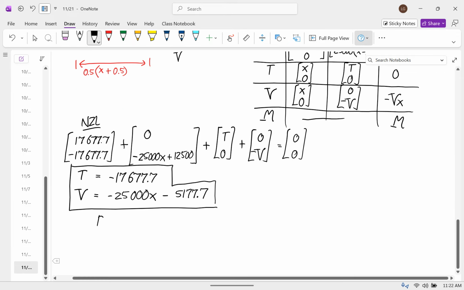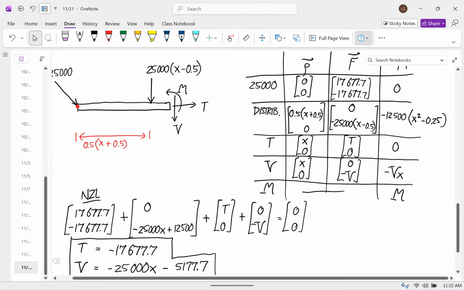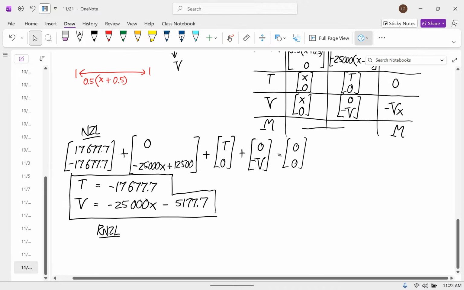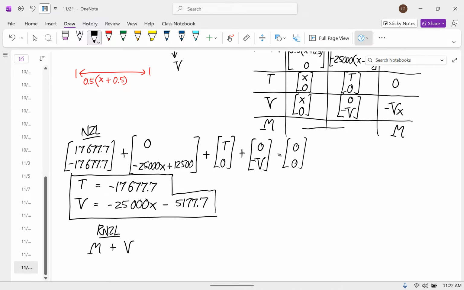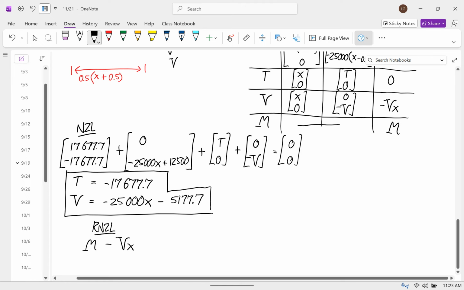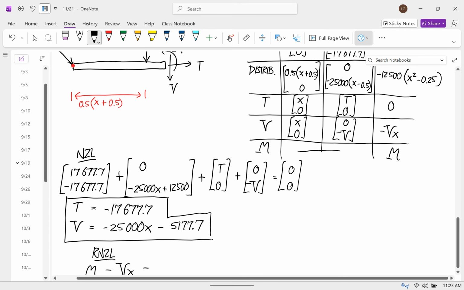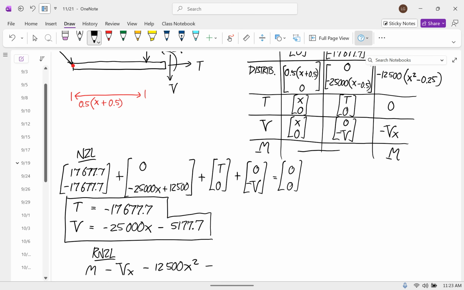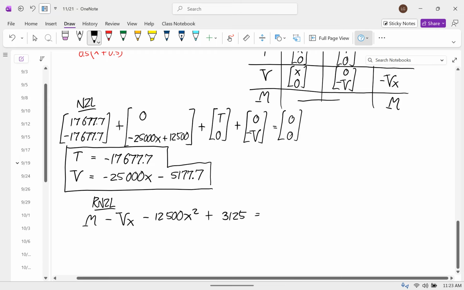And then we'll go to the moment equation. So we have M minus Vx minus 12,500 x squared plus 3125 is equal to 0.